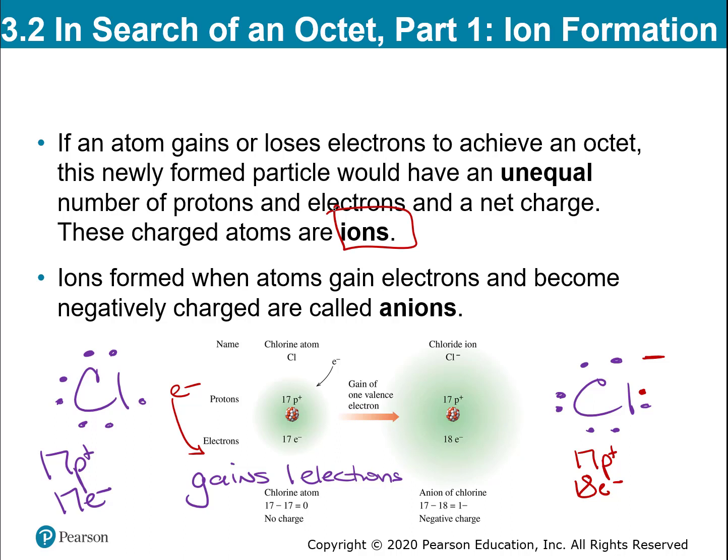Ions are atoms with unequal numbers of protons and electrons. So when you look at a normal atom, they're equal, they're neutral. But when you make an ion, the atom is going to either give up or take an electron on to create the stable octet.